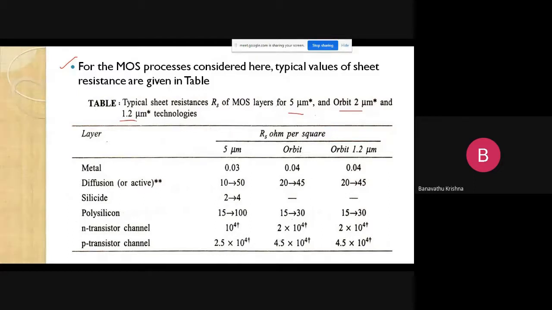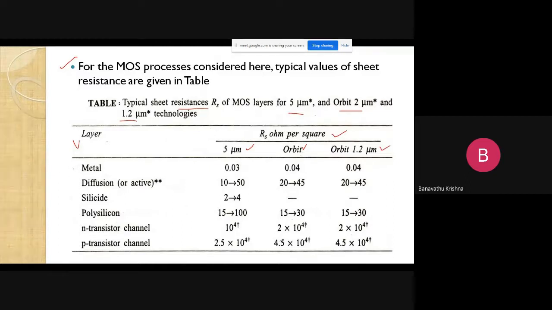These are predefined values: the sheet resistance values for various layers in these technologies, RS in ohms per square, for 5 micrometer, 2 micrometer, and Orbit 1.2 micrometer technologies.